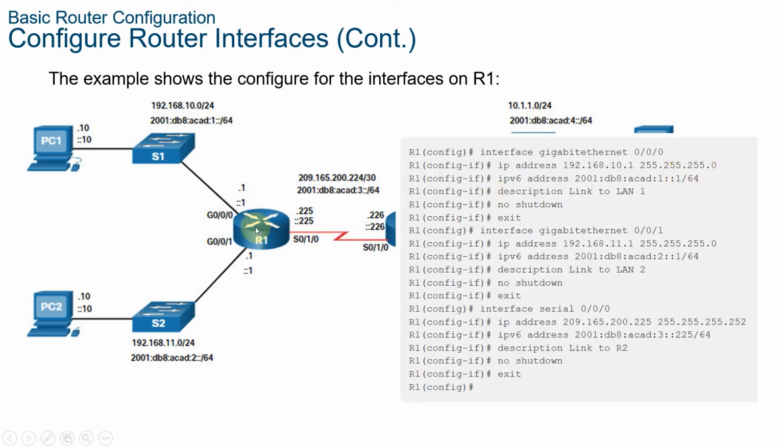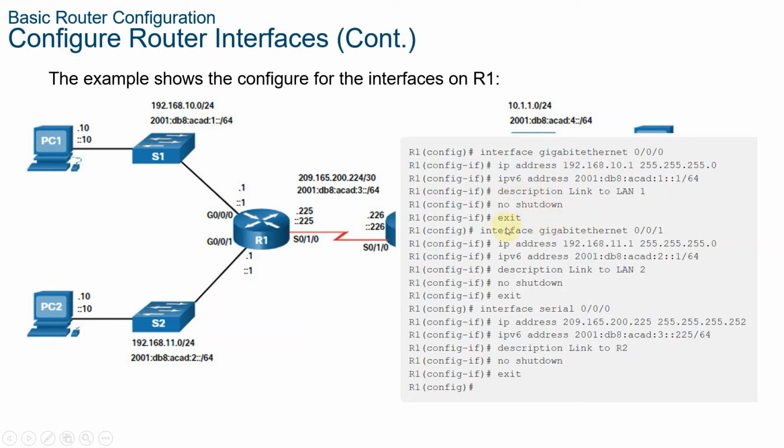Now, if we are going to configure IPv6 on that interface, that is ipv6 address 2001:DB8:ACAD:1::1/64. Now, you might want to give some description on that link: description link to LAN 1. And then, of course, we have to activate it with the no shutdown command.